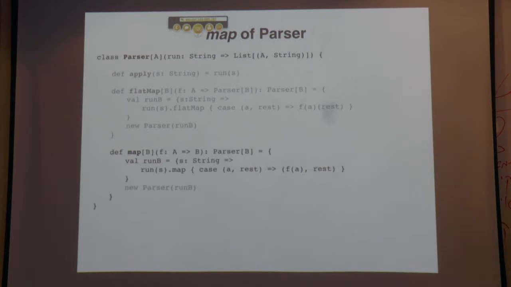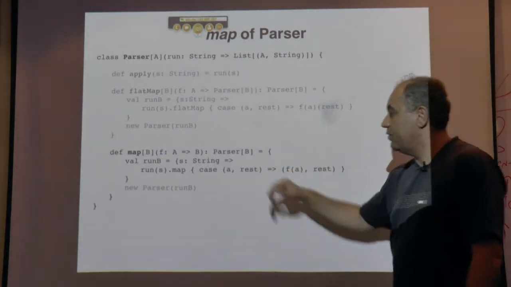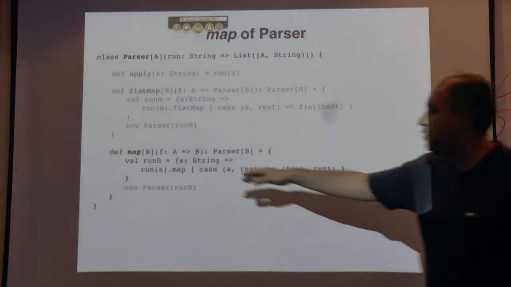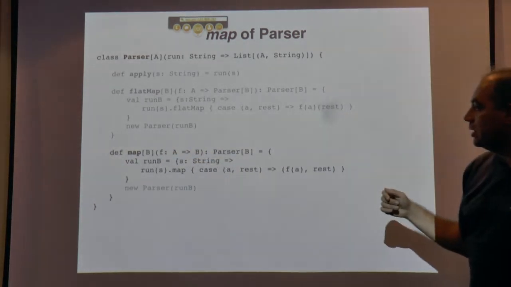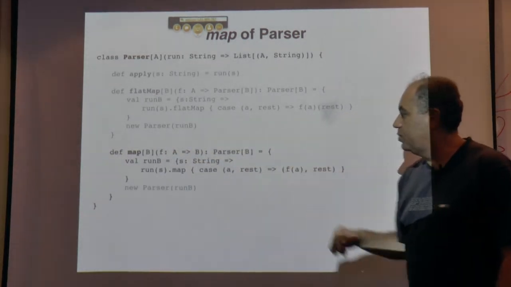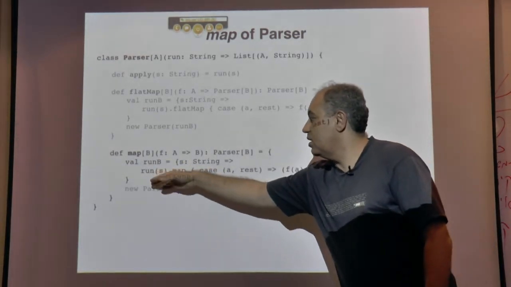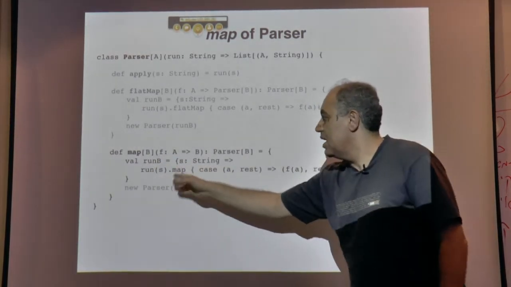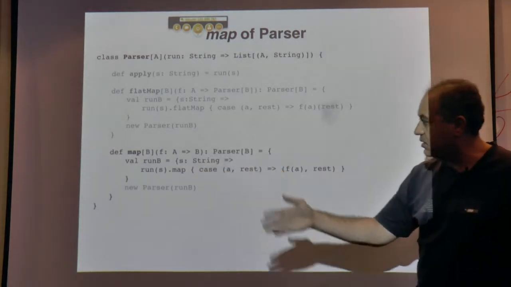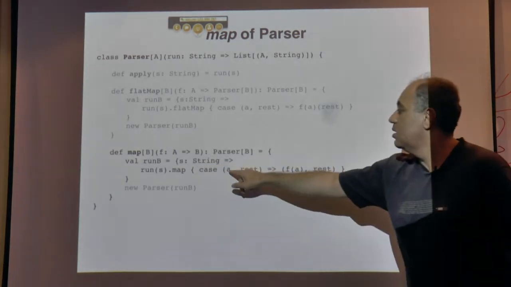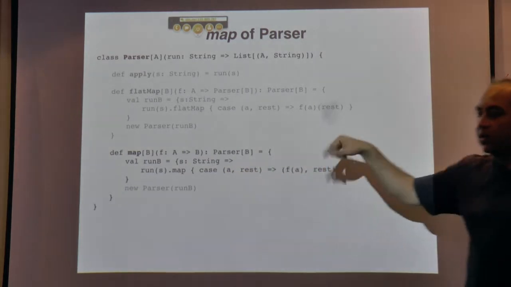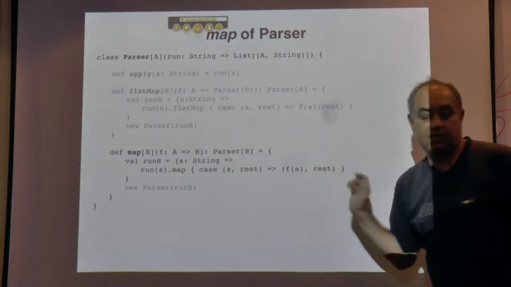And we are writing it in this way. I think it's pretty obvious. The map function returns parser of b, and this is the interesting part. It applies the first parser, gets a list, and maps each result in each pair with the function f.